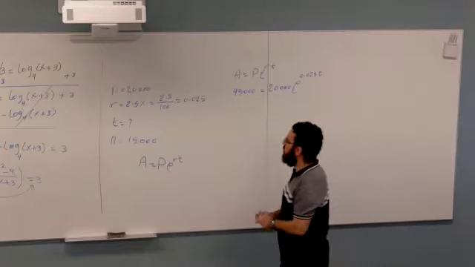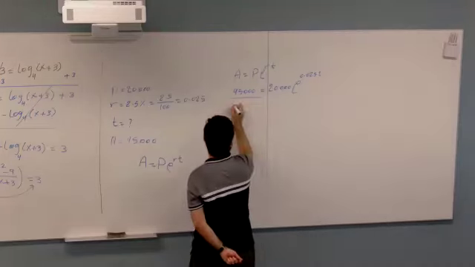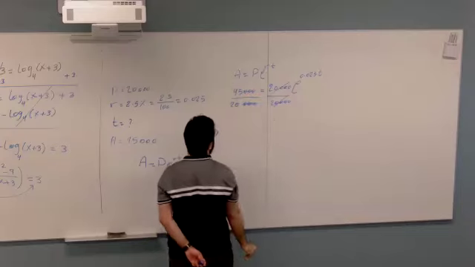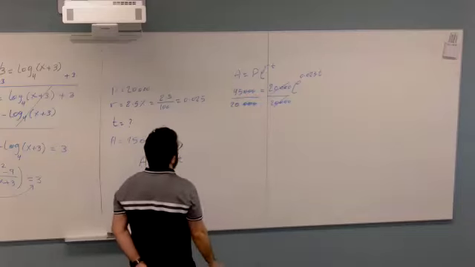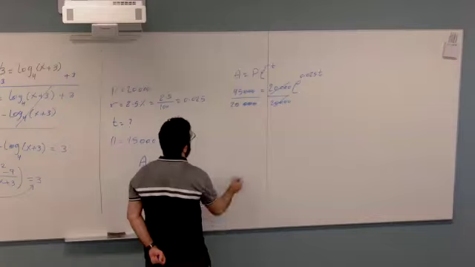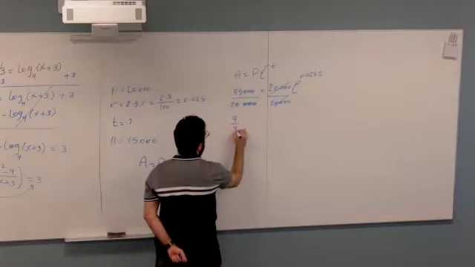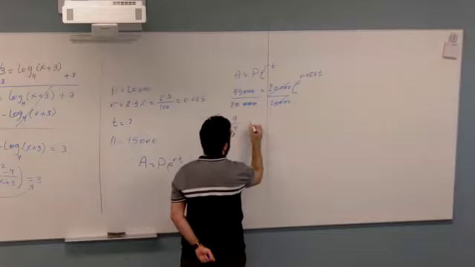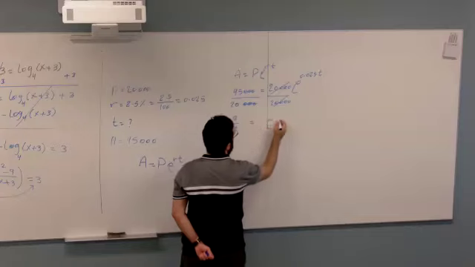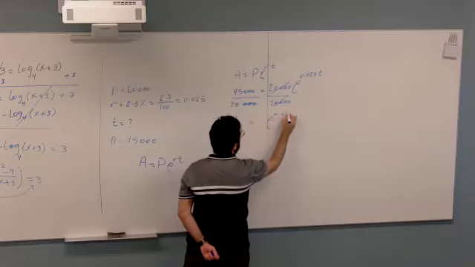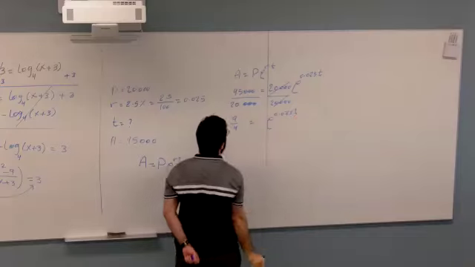Divide both sides by 20,000. Cancel here. 45,000 divided by 20,000 is 9/4, equals e^(0.025t).